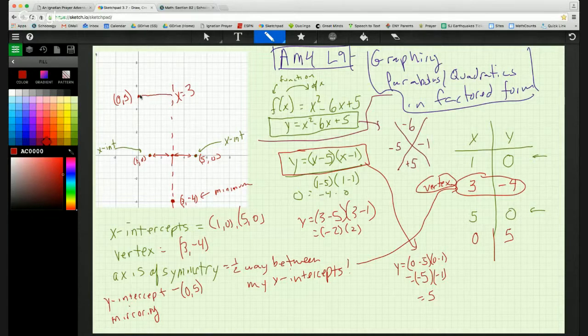If this is 3 away, because x is 3 and this is 0, 5, then we have another point right over here, another 3 away at 6, 5. This is x is 6 and y is 5. So now we have another point. So now we have 5 points.